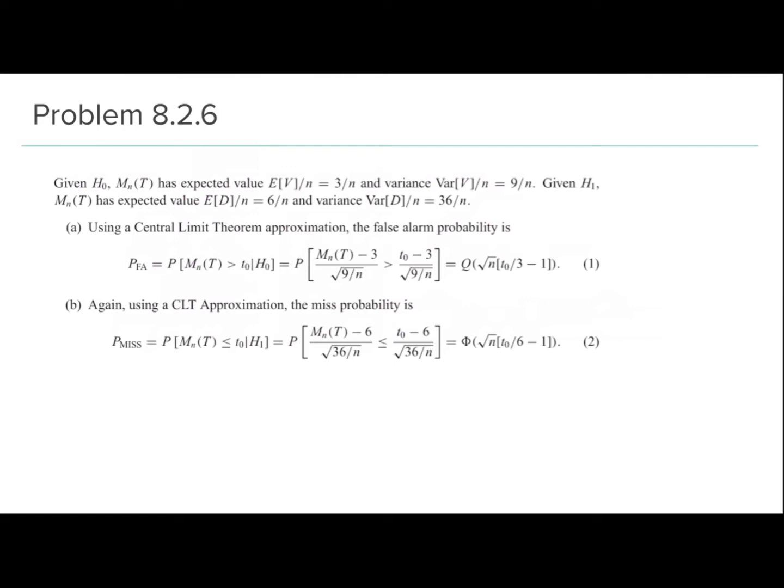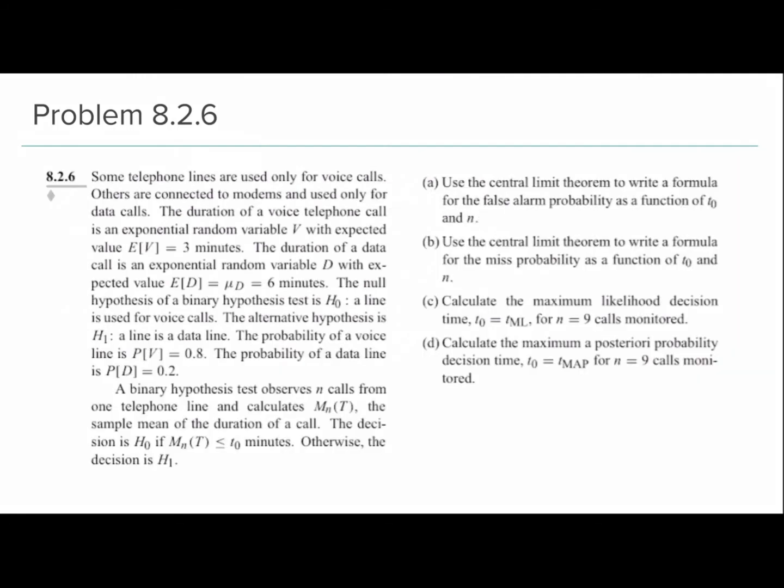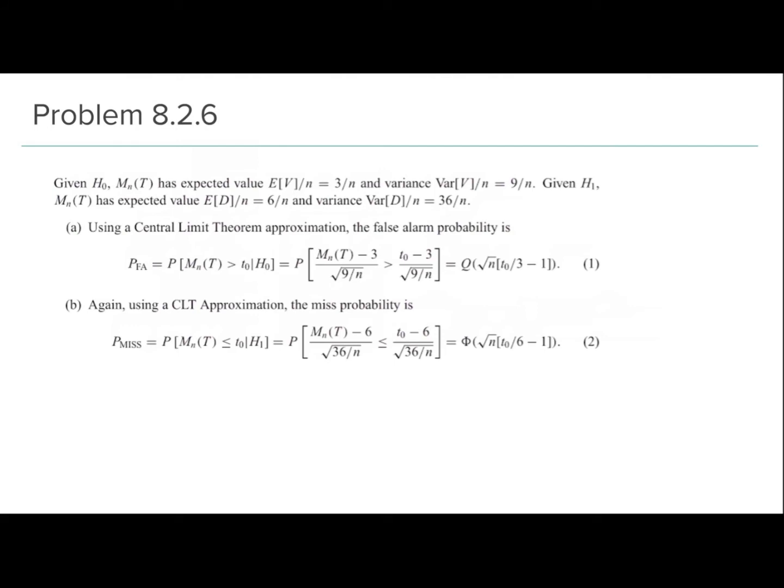Right, so now we know everything we need to know about the sample mean conditioned on either H0 or H1. The probability of false alarm will be equal to the probability of A1 given H0, and A0 was defined as M_n(T) less than or equal to t0. So A1 is M_n(T) greater than t0.